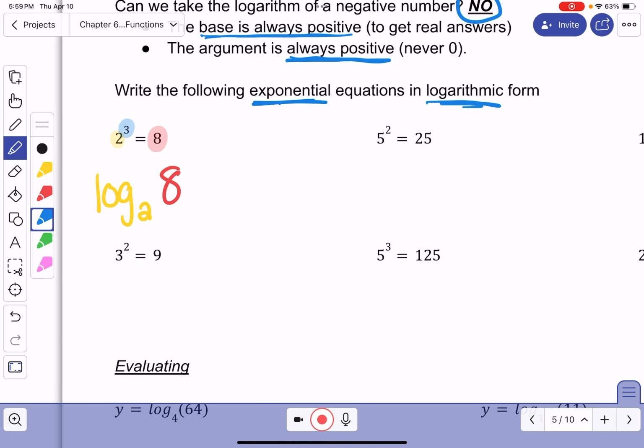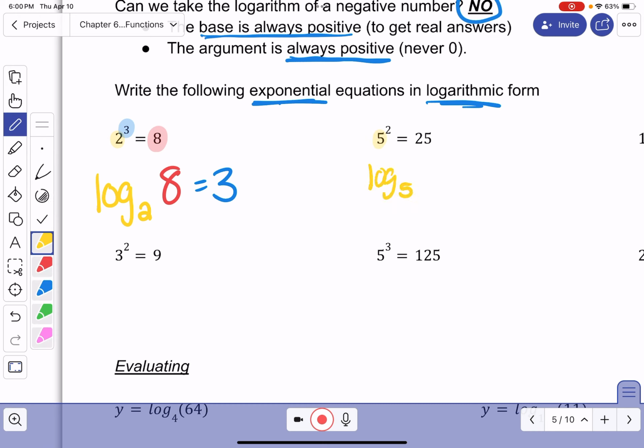And then we take the exponent and put it as our solution. So same thing, the base becomes the base of the log. The answer becomes the argument of the log. And the exponent becomes what you're trying to get.